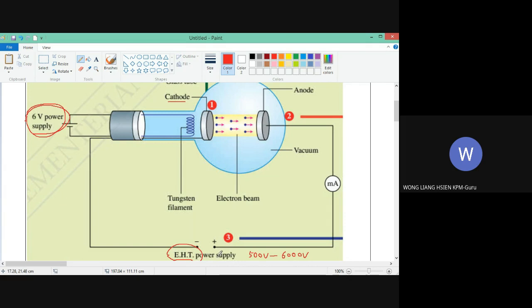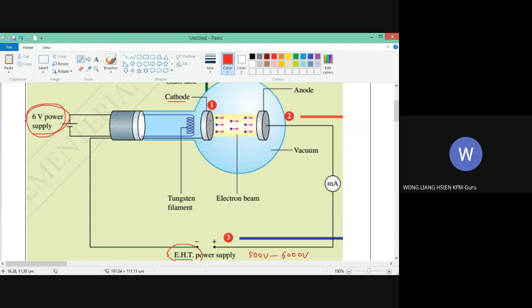When we turn on this EHT power supply, this negative terminal will repel the electrons. The electrons will flow here, and the cathode will become negatively charged, that means it has a strong negative charge.